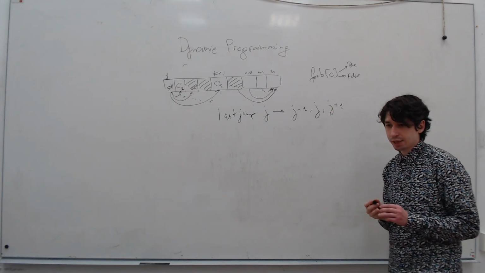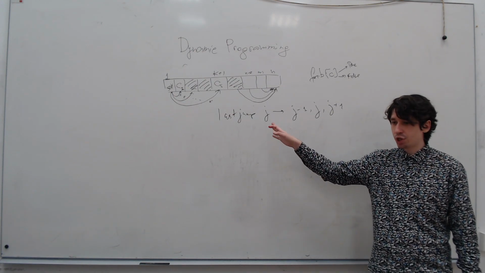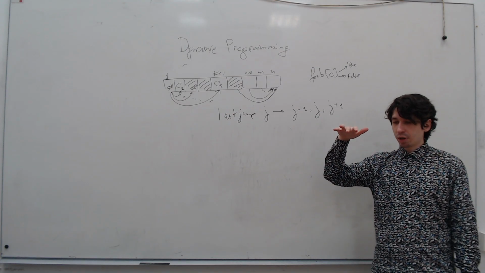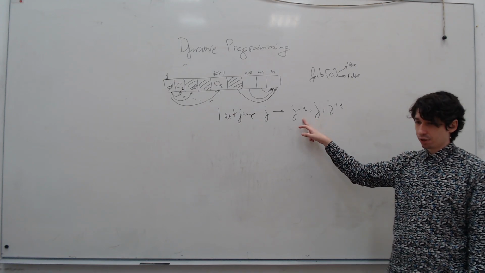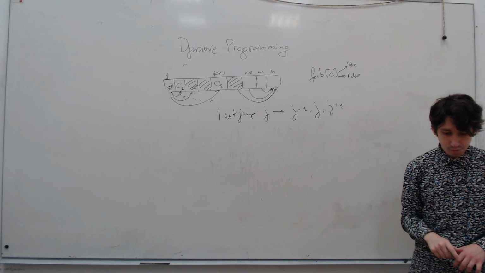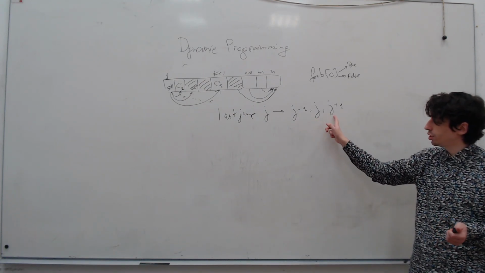This means that if the jump of the grasshopper was of length j, then it cannot get very fast, but it cannot get very slow. The next length of the jump will be either j minus 1 or j plus 1.